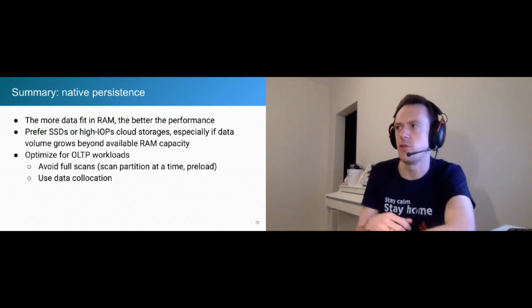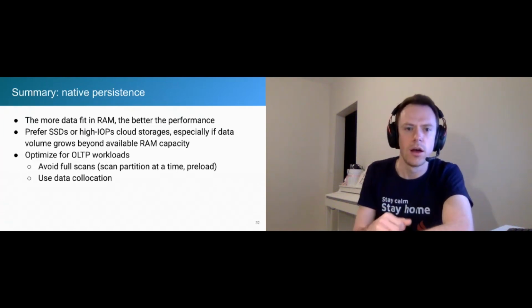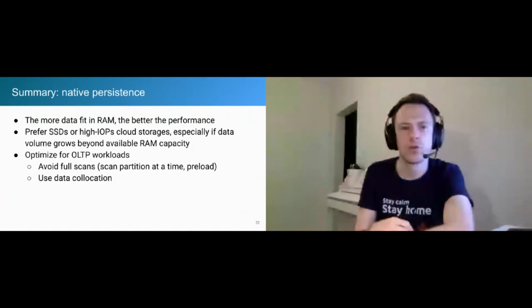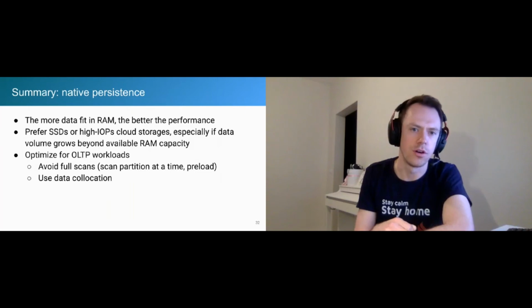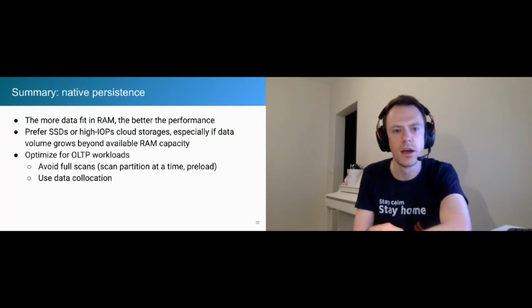If not all the data fits in RAM, you would want a disk which sustains a large number of IOPS, because Ignite is designed to provide the best performance for point accesses, and this implies random accesses.